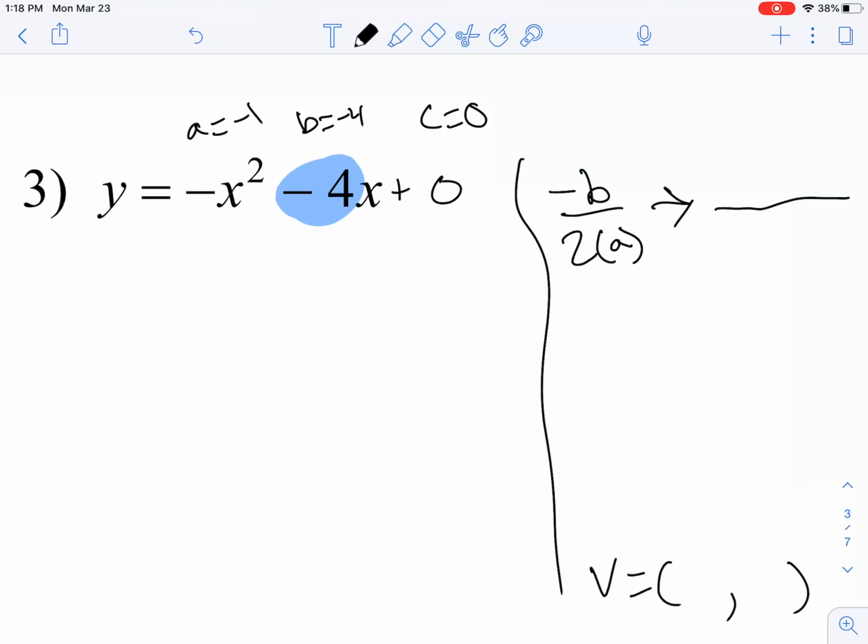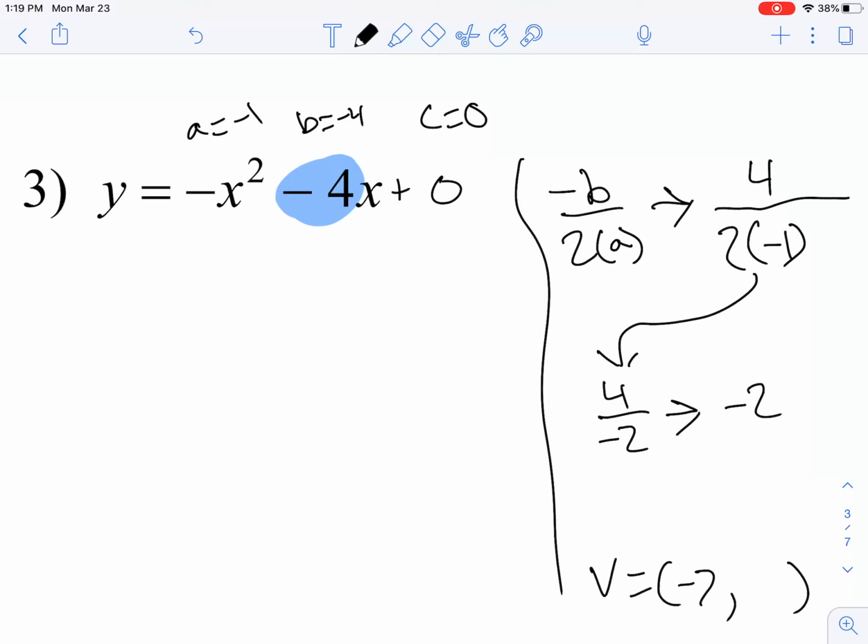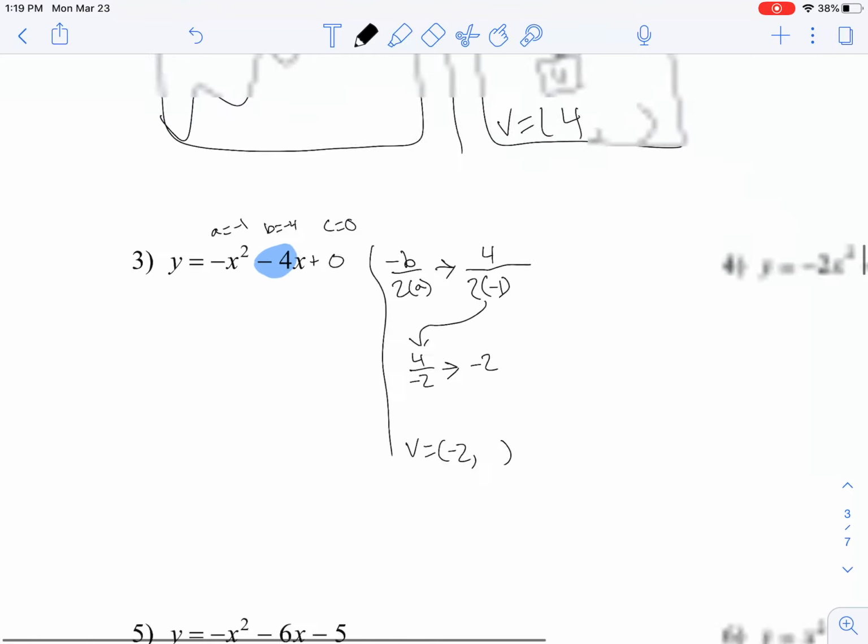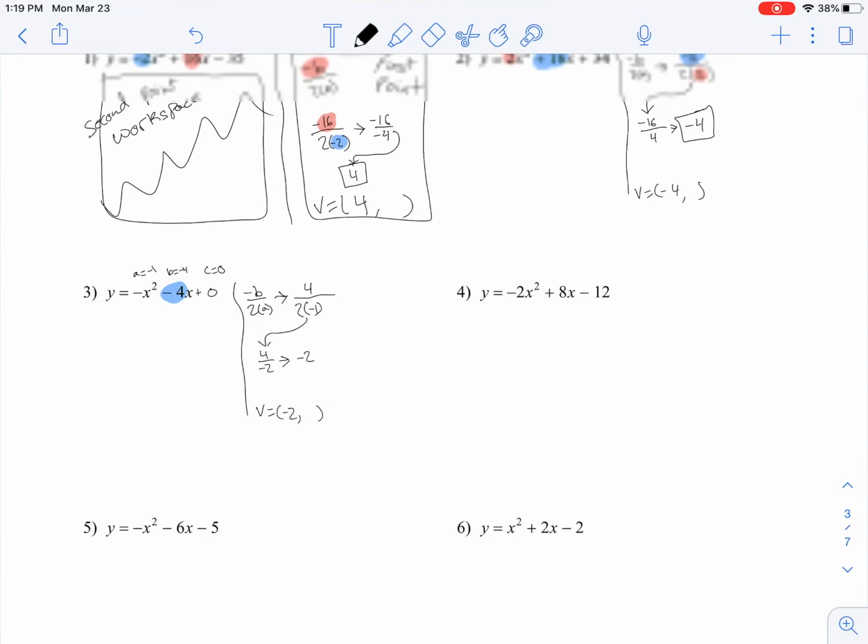So the opposite of negative 4 is 4, over 2 times my a value, which is negative 1. So that gives me 4 over negative 2. And when we divide that, 4 divided by negative 2 is another way we can read that. We get negative 2. So that's the first point in my vertex.